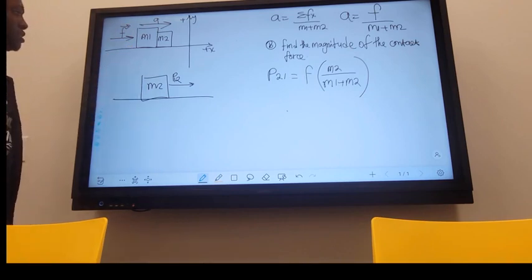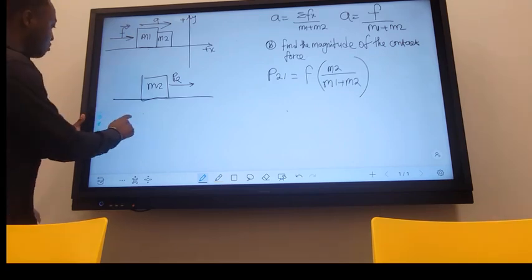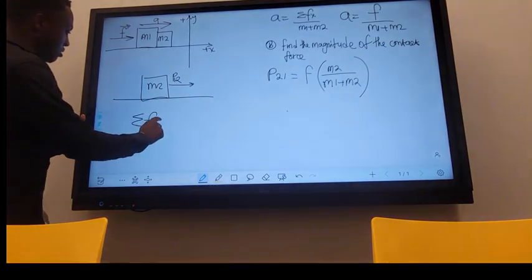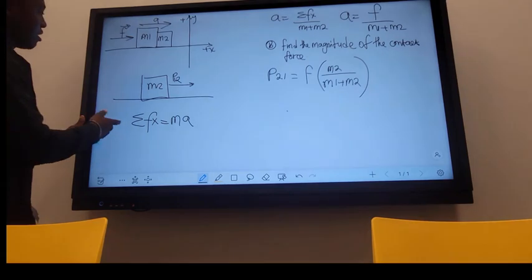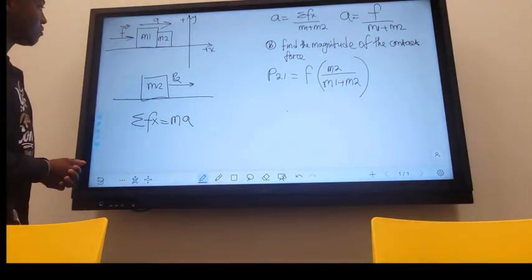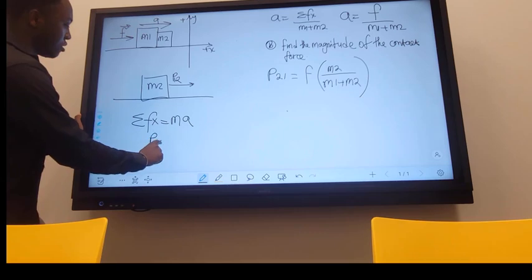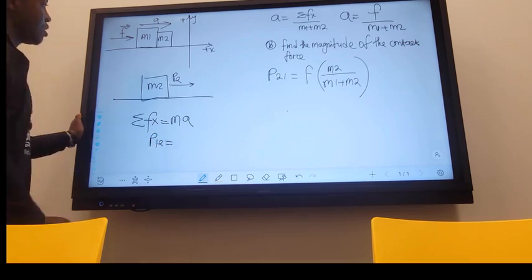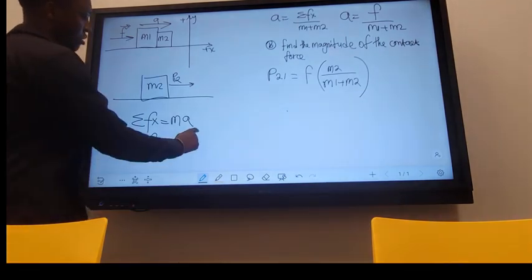So what happens is we're going to yet again use Newton's second law of motion, meaning summation of all forces in X is equal to mass times the acceleration. And from here we can tell the only force happening in the X direction is the same contact force. So we're going to rename it P12, which is equal to the mass of M2 times the acceleration.